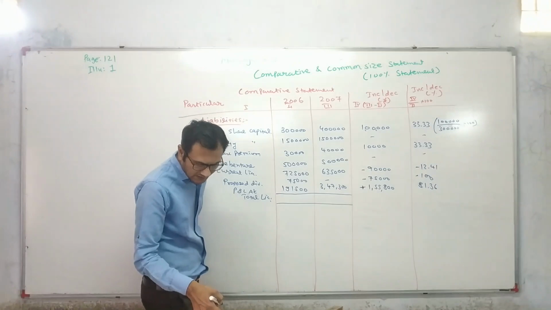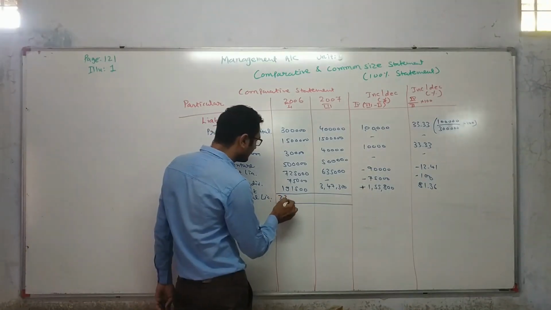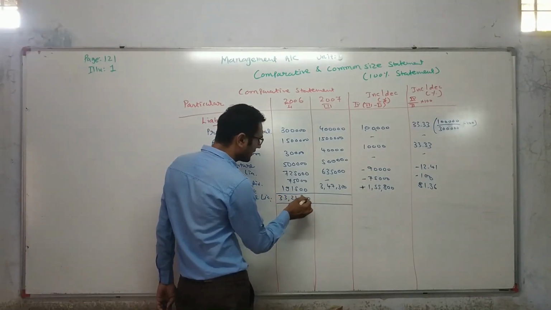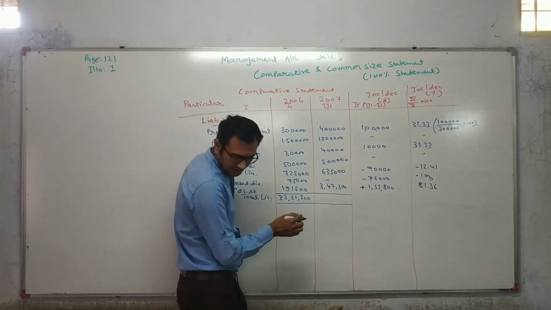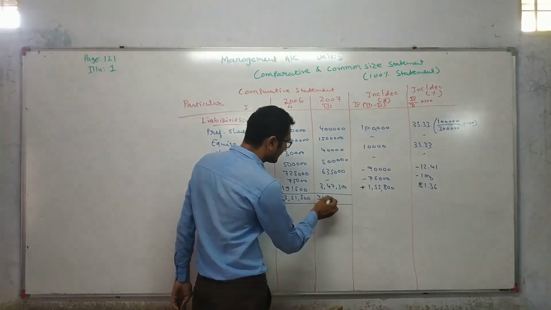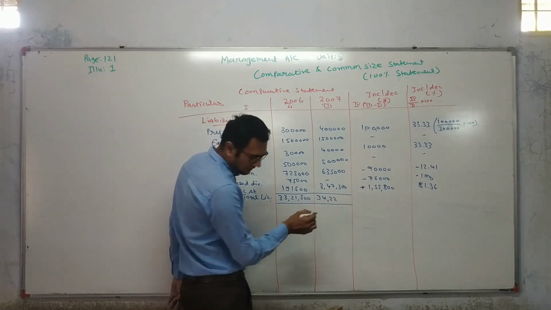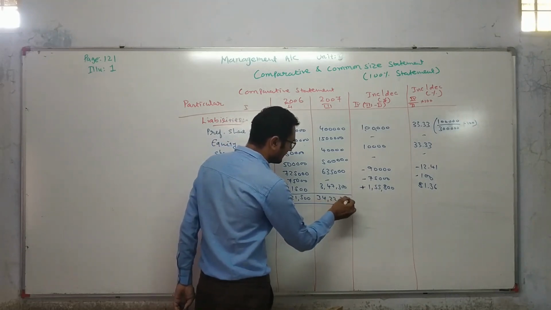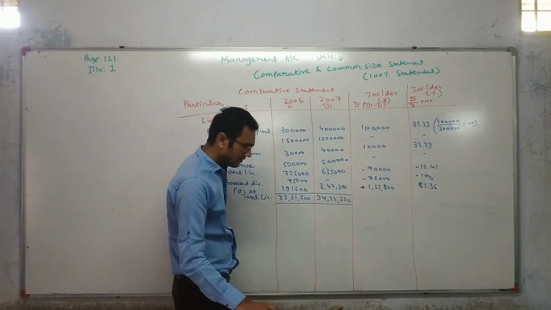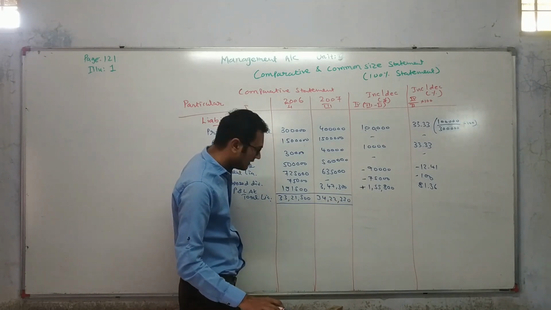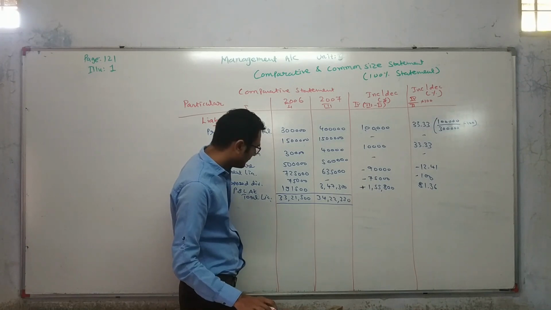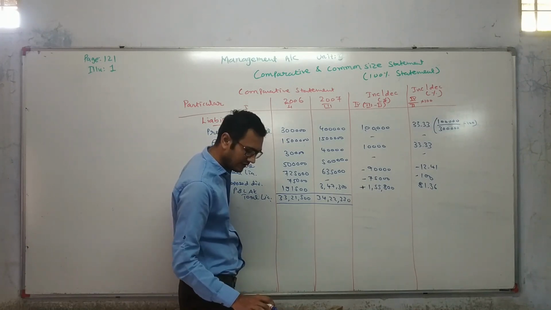So 33,21,500 and 34,22,330. So difference is 34,22,330 minus 33,21,500.